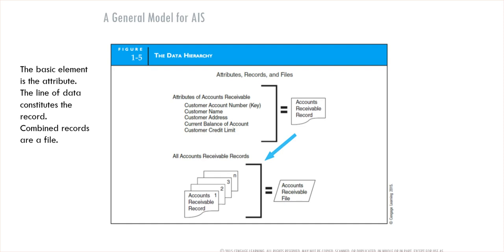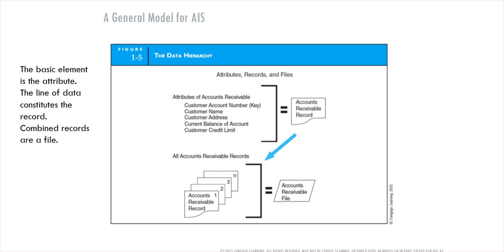And a collection of those creates records. And you could say my accounts receivable records, and you would have a listing of all of those. And so when you look at this particular record and you combine all those records, as they do when they give you that blue arrow down, it is a file. It's a file, okay? So think of the file as the worksheet, right? That is just a part of it.